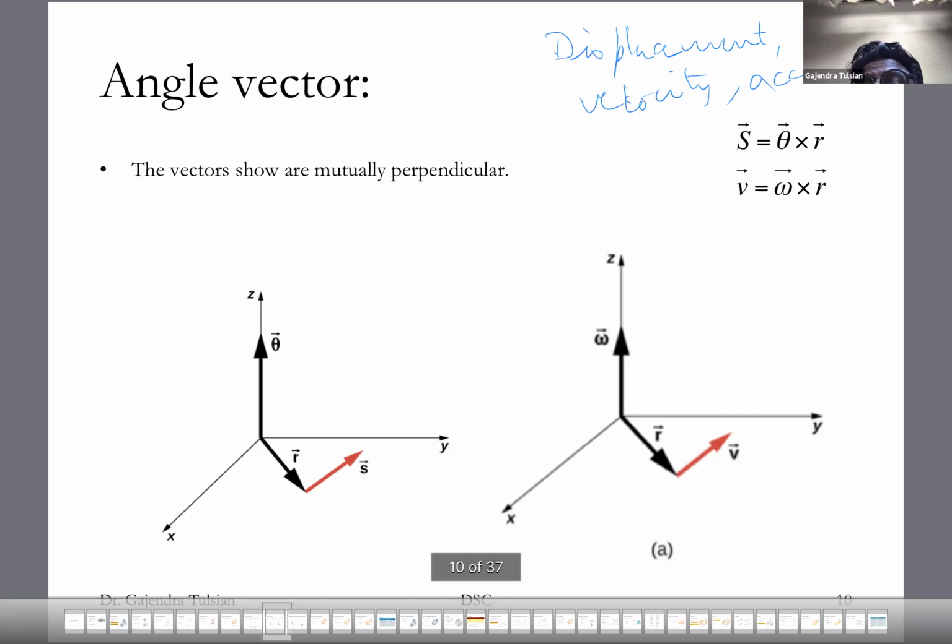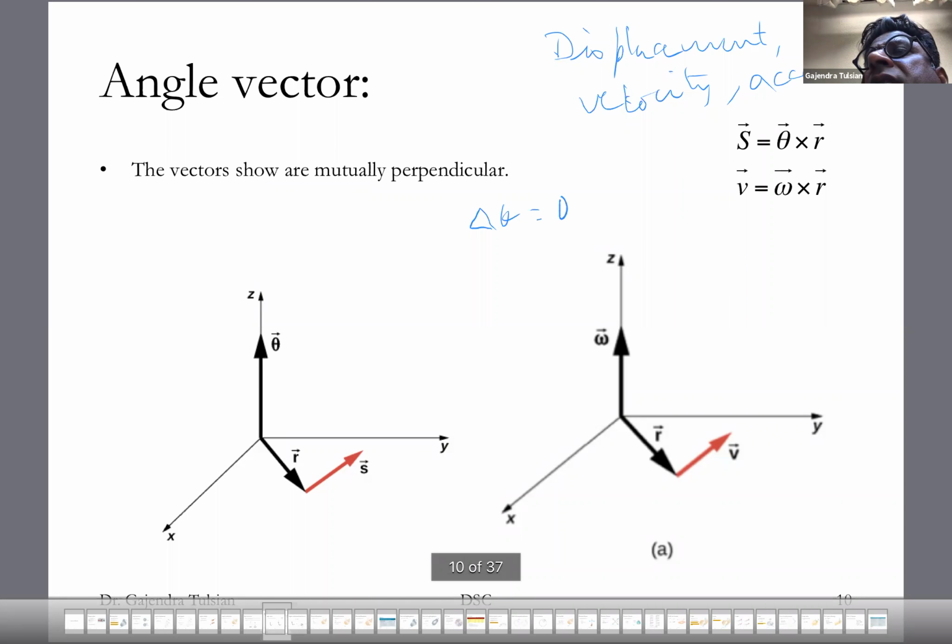Now we defined angular velocity for you guys, the direction of the angular velocity. So here was an object rotating like that, and the way you figured out the direction was you used your right hand, your fingers pointed in the direction of the rotation, and your thumb pointed in the direction of the velocity. Just like that.